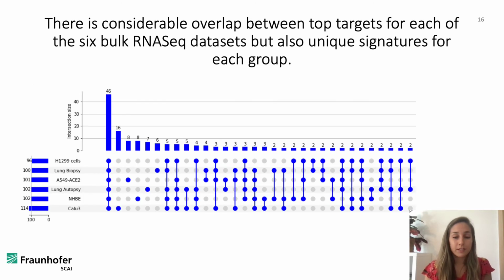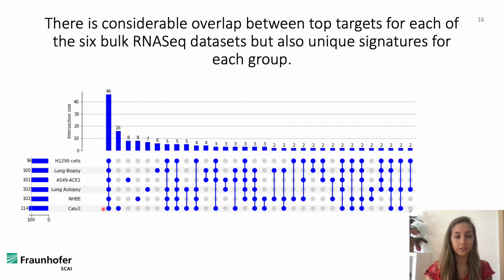Here we have a visualization that's sort of like a Venn diagram in the way that we can see the overlapping results, but in a different way. So for the 6 bulk RNA-seq datasets, we can see that the greatest group of overlapping top hits that resulted from the guilty targets workflow are actually shared among all 6 datasets.